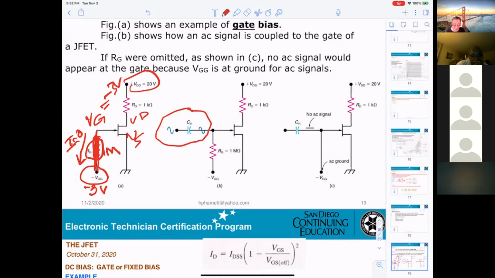On the other side of the capacitor, you get a sine wave. When you convert the circuitry from DC to AC, the DC power must be shorted to ground for AC. So if you don't have this resistor, the sine wave will be shorted to ground, so it cannot work.